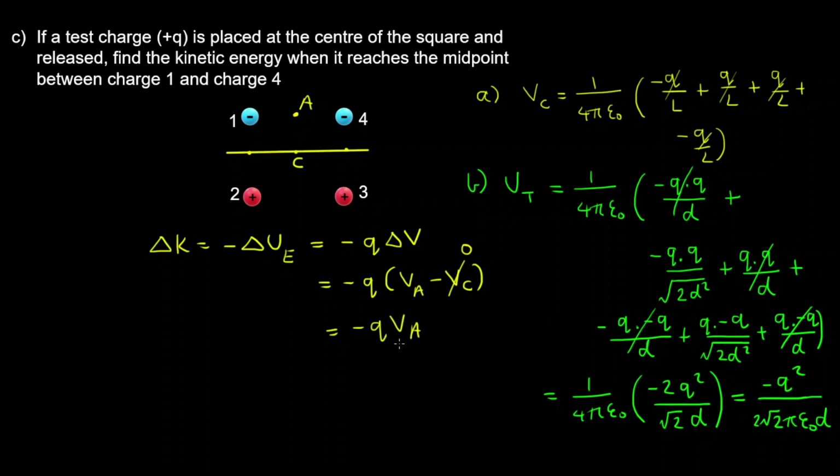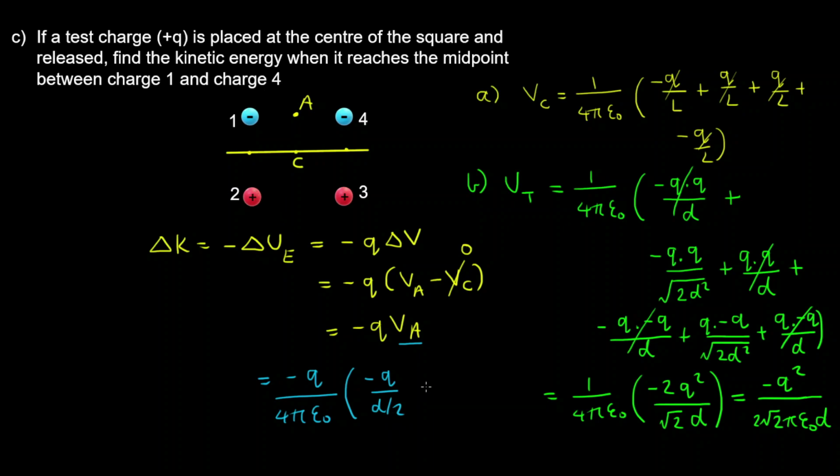So we can calculate the electric potential at point A and multiply by negative Q. We have minus Q multiplied by 1 over 4 pi epsilon naught, which I'm going to factor out, and we multiply by the contribution of the electric potential due to the electric field of every one of those charges. For charge 1, the electric potential is minus Q over the distance to point A, which is d on 2.